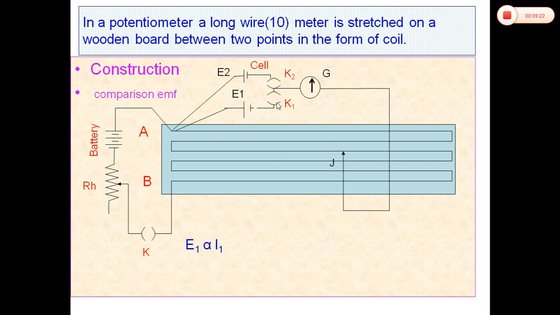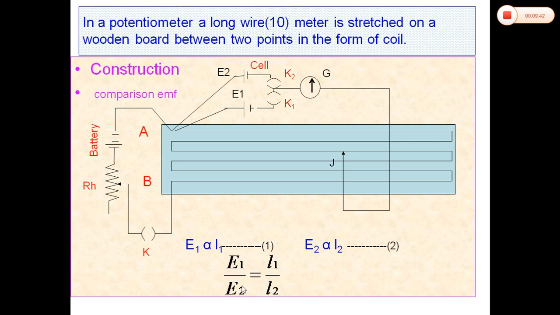Again we take out key K1 and insert key K2, so that the cell E2 becomes part of the circuit, and in this case the balancing length, suppose, is L2, so E2 will be directly proportional to L2.